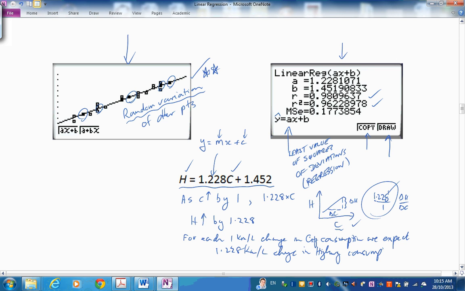Now that's a standard interpretation of a slope of a line, any line or linear model like that.